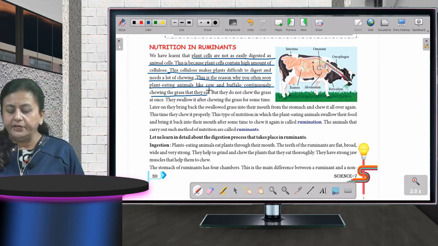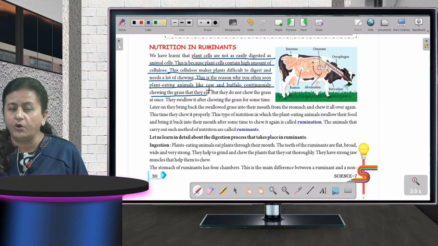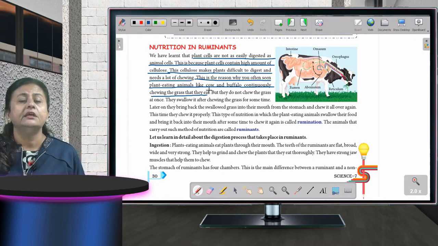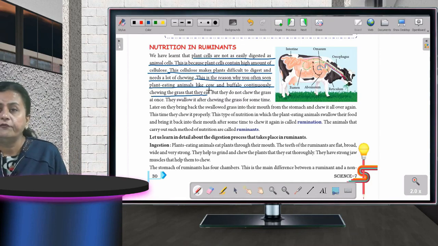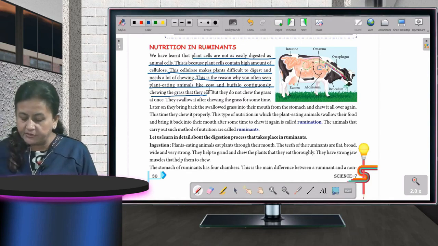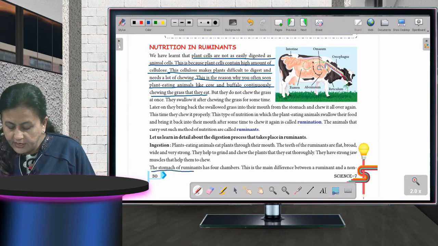Now what is happening? All the ruminants, they have 4 chambers in their stomach. Ruminants means the plant eating, the grass eating animals. The stomach of ruminants has 4 chambers.